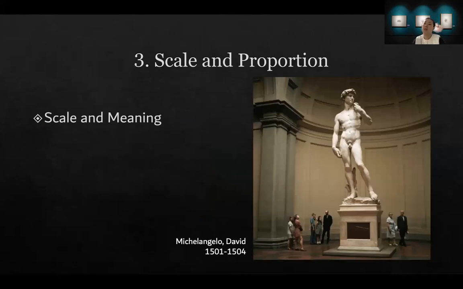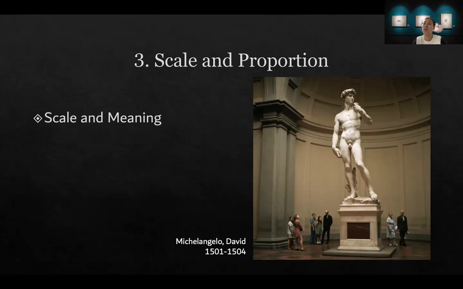So let's look at this work of art. So this is a David statue in 1501 to 1504 by Michelangelo. So he was one of the Renaissance master and rival of Leonardo da Vinci. So this is a biblical episode, and Michelangelo depicted the David for his victory after a battle with Goliath.